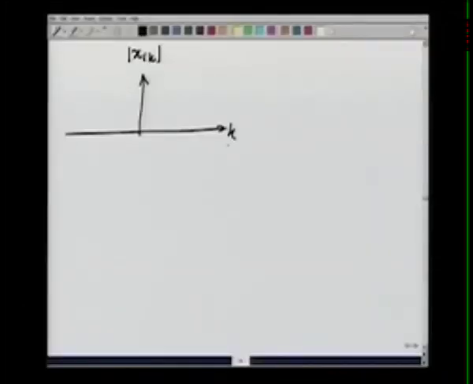So, here you have k, or we can write this as k omega naught, and write this as 1, 2, 3, 4, minus 1, minus 2, minus 3, minus 4, and so on. Then you will find that you have pillars in each of these places. I am trying to represent a real valued signal, so it will be conjugate symmetric. No negative values because it is the magnitude plot, magnitude is never negative.